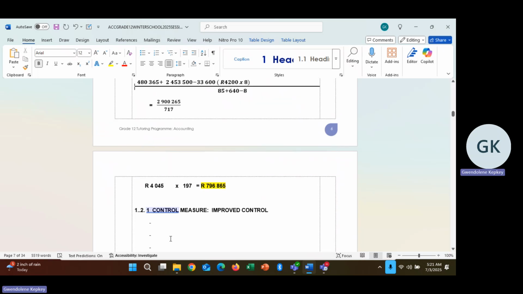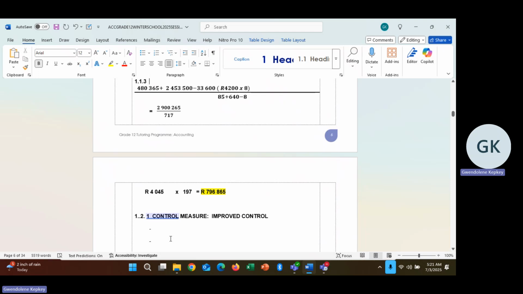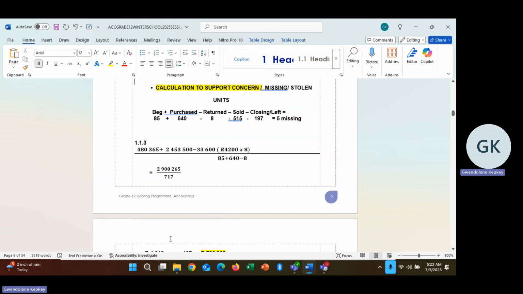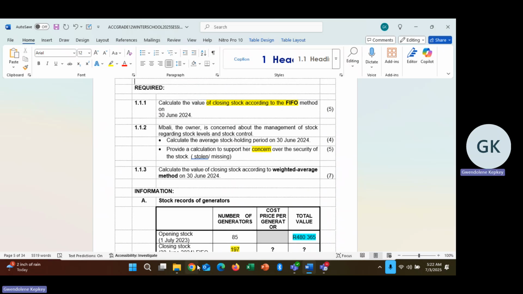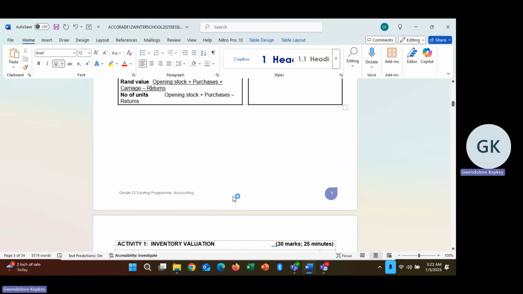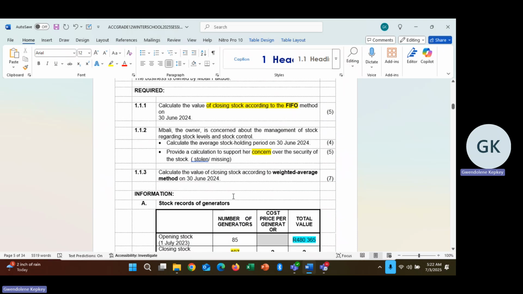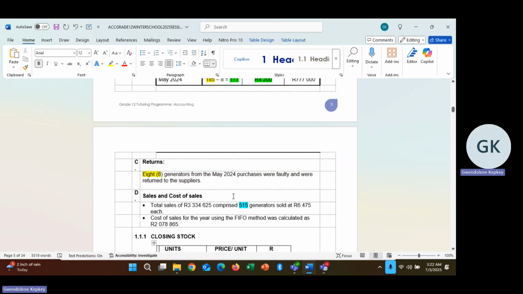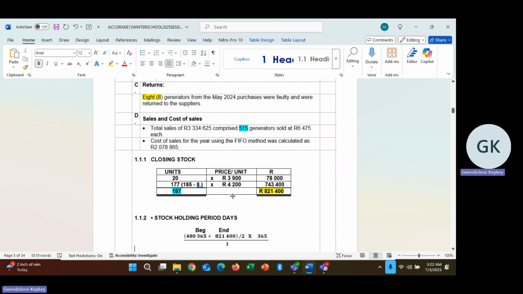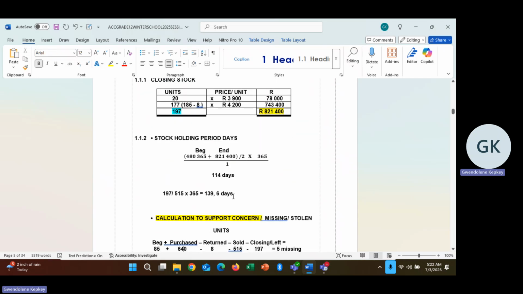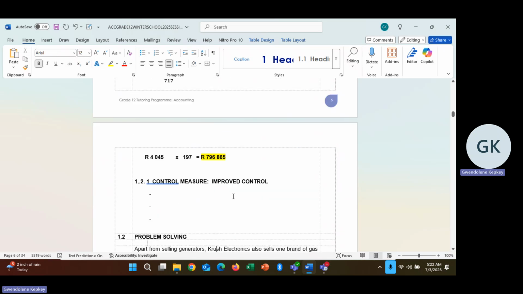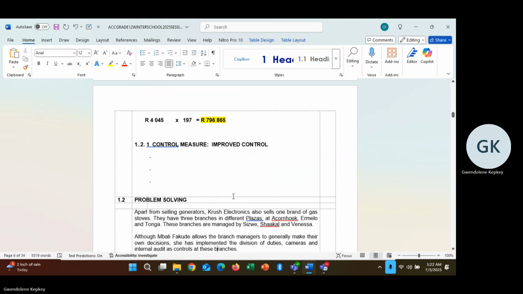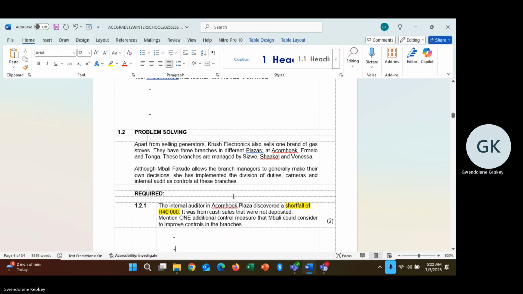Let's quickly go back and read the question before we just go to an answer. We've done the closing stock calculation according to the weighted average method. Now at 1.2.1, they want us to calculate the following.